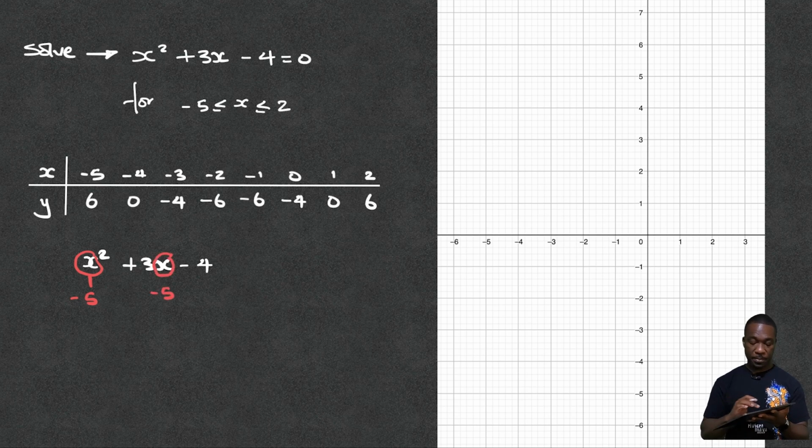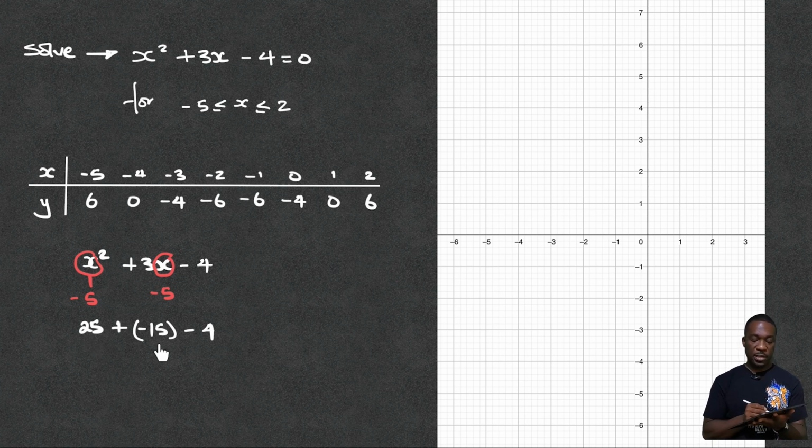And what will end up happening is this. -5 squared is going to be 25 because it's -5 times -5. Add, now we're going to do 3 times -5, which is going to be -15. And then we're going to take away 4 like that. And then we just work that out and see what happens.